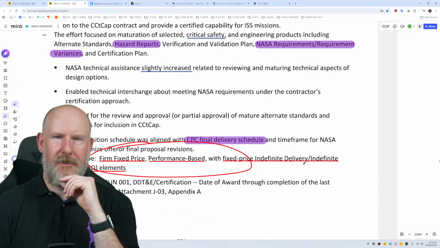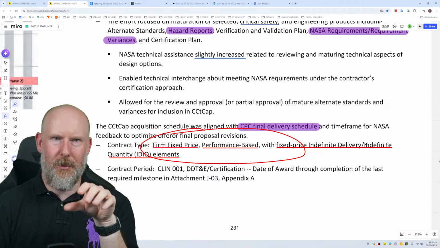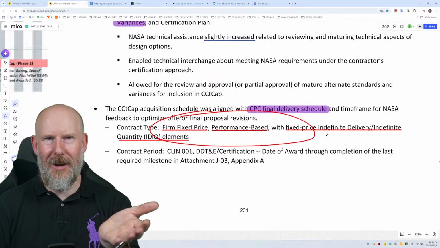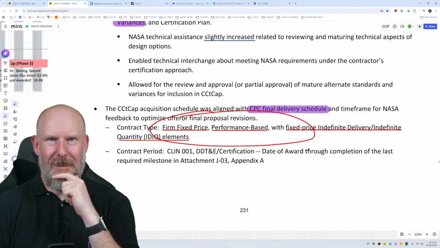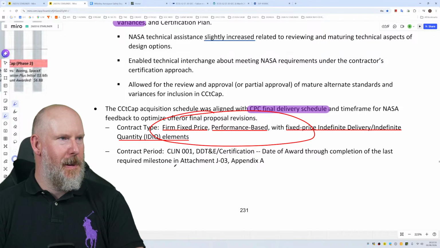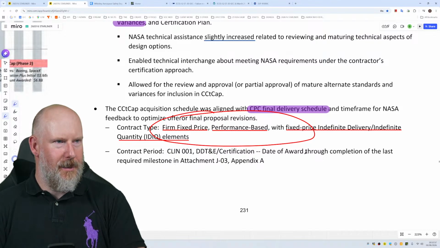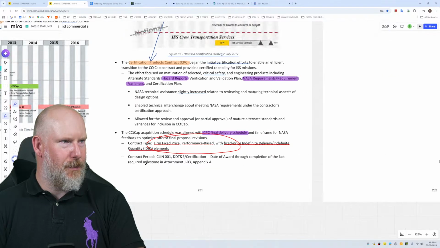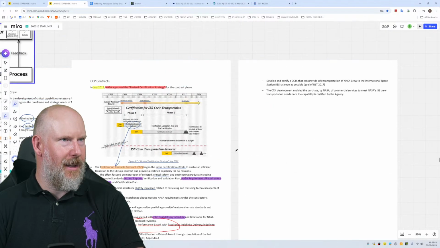Because if it's fixed price, you want to try and do as little as possible until you can start making some money. But obviously, if you're designing a spacecraft, you need to do all of that heavy lifting up front. Anyway, contract period. Date of award through completion of the last required milestone in attachment J03 Appendix A.